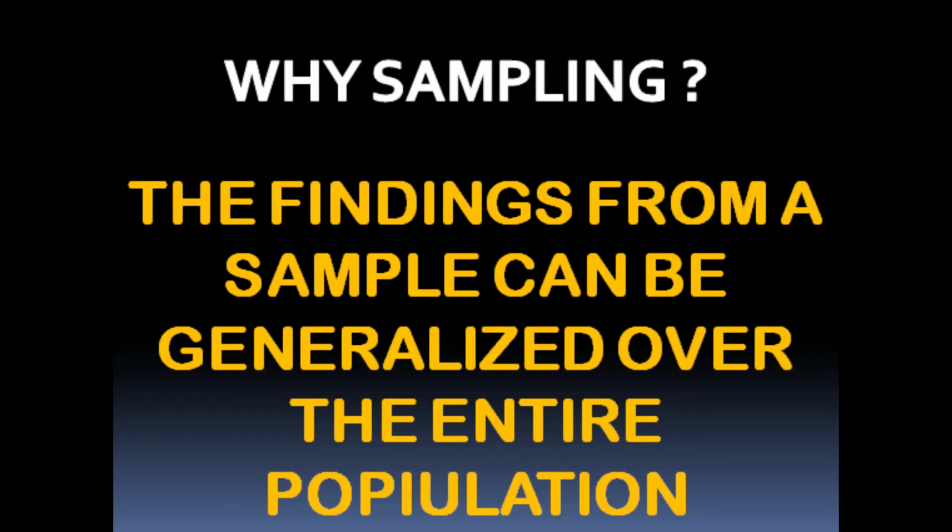And the place of sampling in the correctness, in the accuracy, in the validity and reliability of the findings or the outcomes of any research cannot be overemphasized. So we can see that sampling is indeed very important.